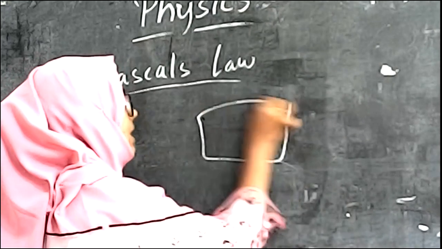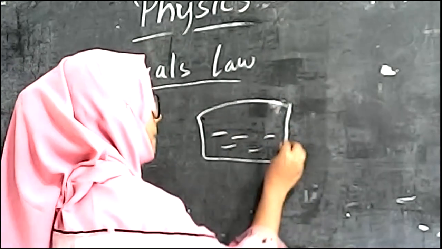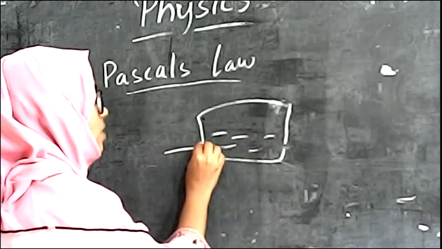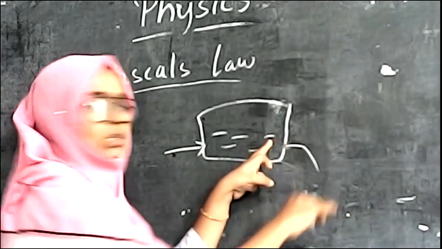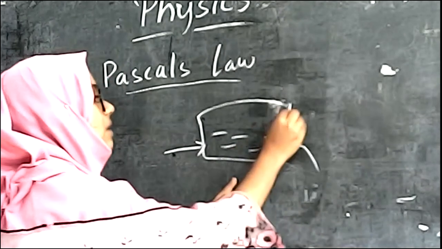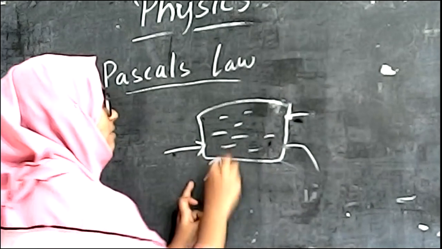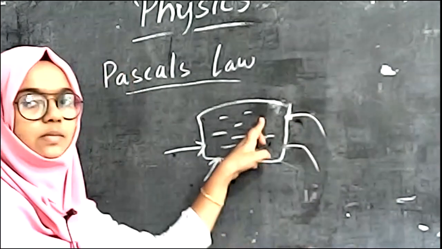This closed container has some water. When we make a small hole here and apply a force here, the water overflows through there. We make another hole here, apply force downwards, and water flows from both holes.